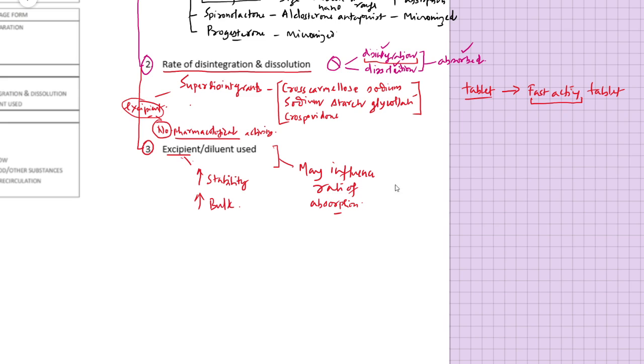That is why different companies would be using different excipients, and there might be a slight variation in the rate of absorption. But it might not be significant clinically, and therefore they are included in the Orange Book, and they can be substituted.